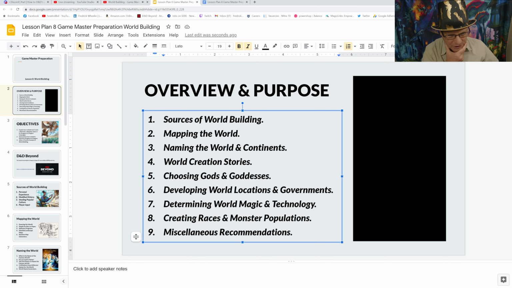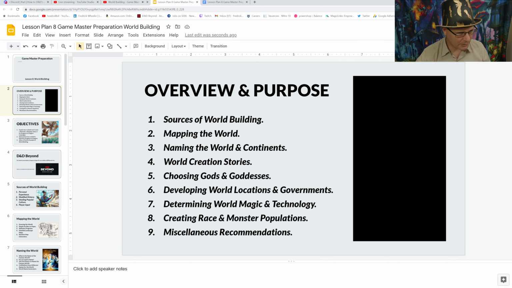We'll leave that. Developing world locations and governments, determining world magic and technology, creating race and monster populations. Okay, race and monster populations, miscellaneous recommendations. So that really covers everything that we'll be going over.